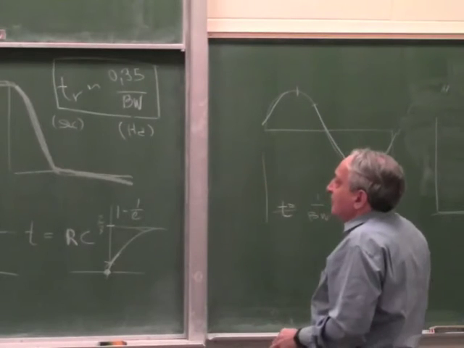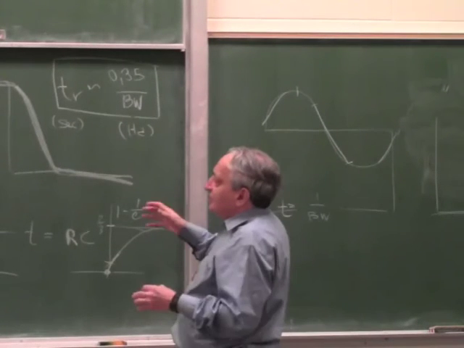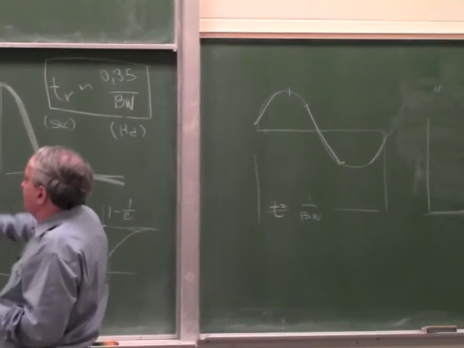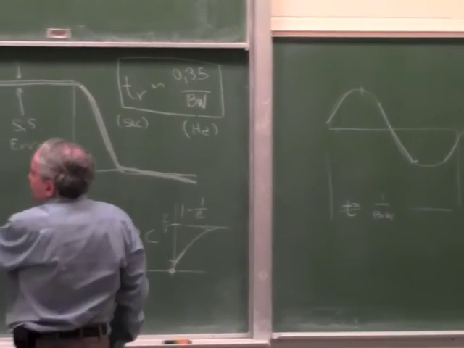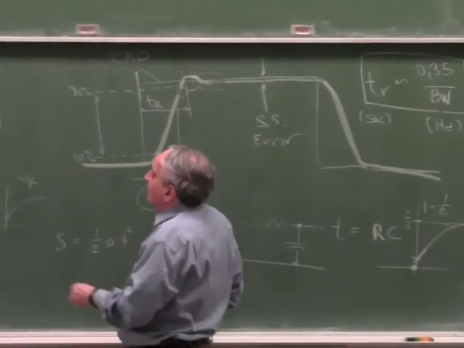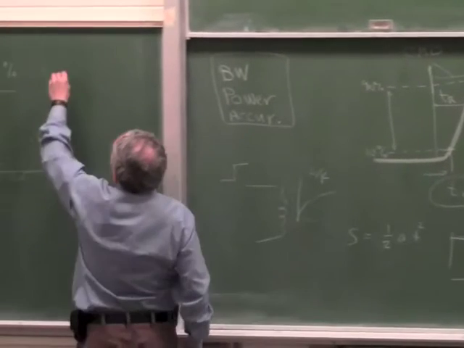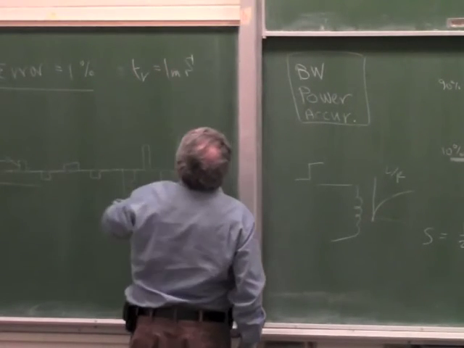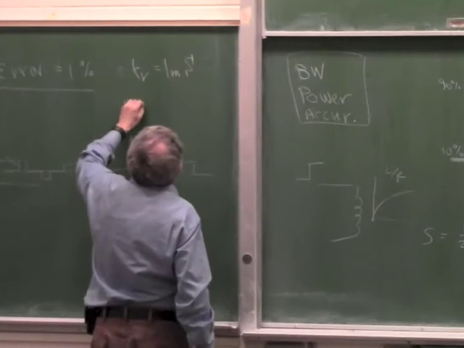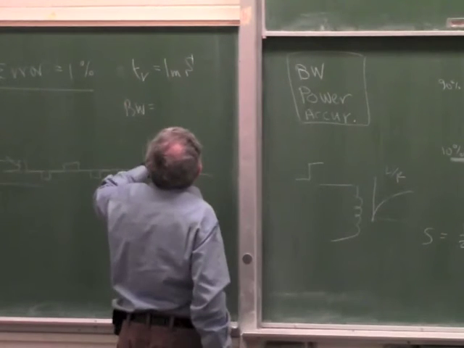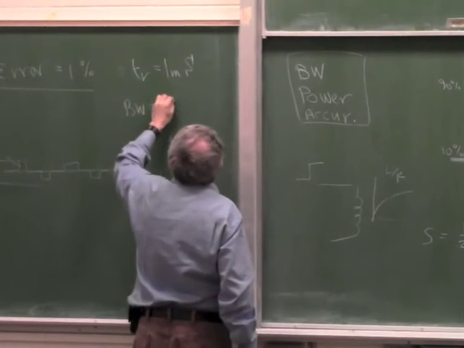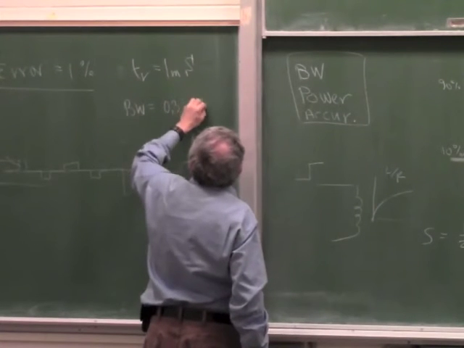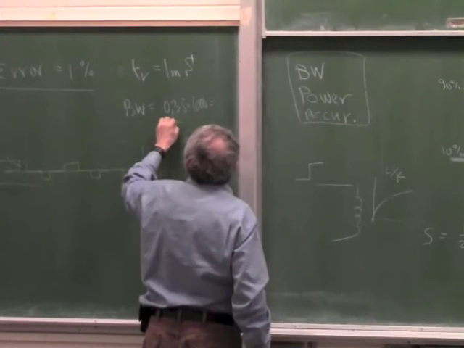Okay, so when you're given this, the way you make these decisions, what system to build, you say, okay, let's say this is given to you, and this has to be 1 millisecond. So let's pick an example here. If we were given a spec TR equals 1 millisecond, then the bandwidth we need is 0.35 times 1 over 1 millisecond, times 1000, so it's 350 hertz.